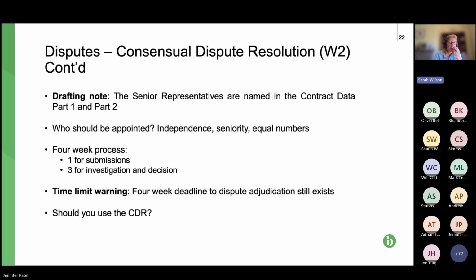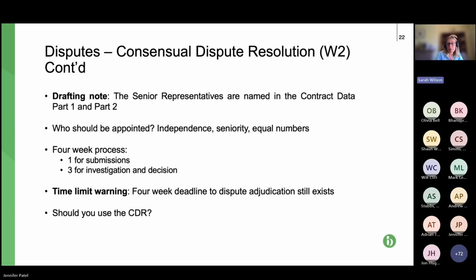So when you're negotiating, you need to think about who goes in from your perspective, but also who has gone in or goes in from the other party's perspective, because you want somebody sufficiently senior that they are able to effectively strike a deal, come to a compromise. And as I've said, somebody hopefully who hasn't been involved in the project, so they can take a dispassionate view of matters.